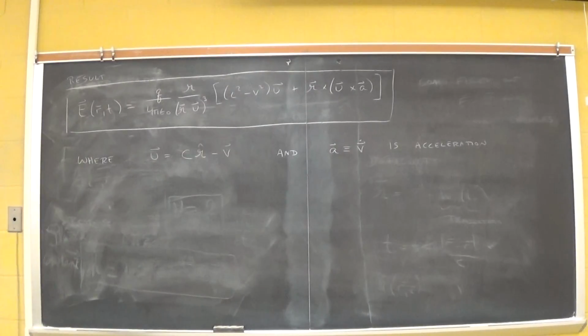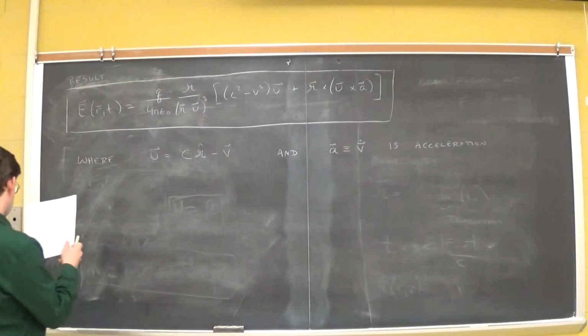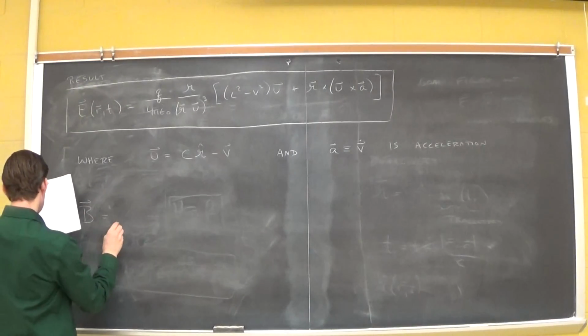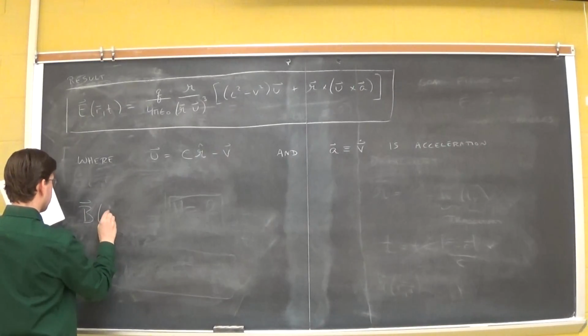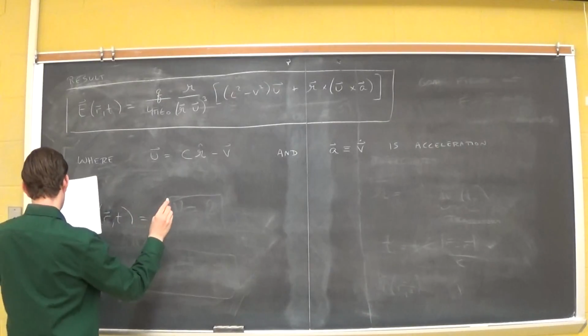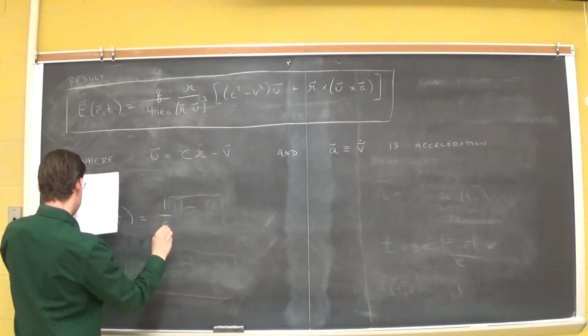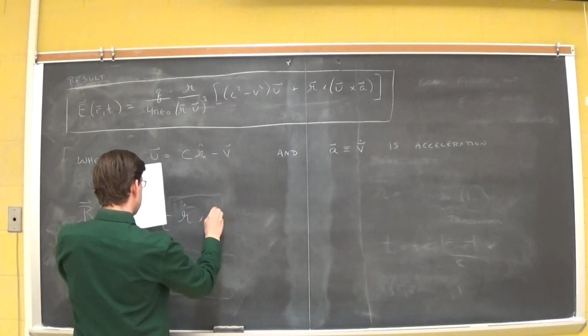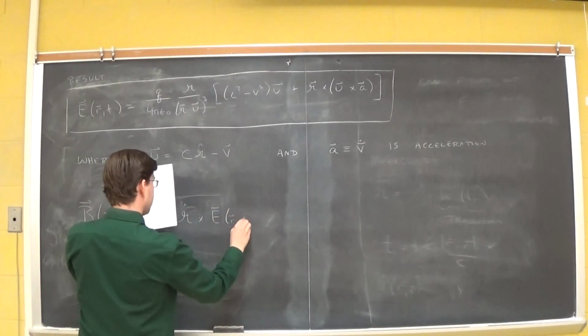All right, and so once we have the E field, we can write down the B field in terms of the E field. B of R and t is equal to 1 over c times curly R hat crossed with E of R and t.